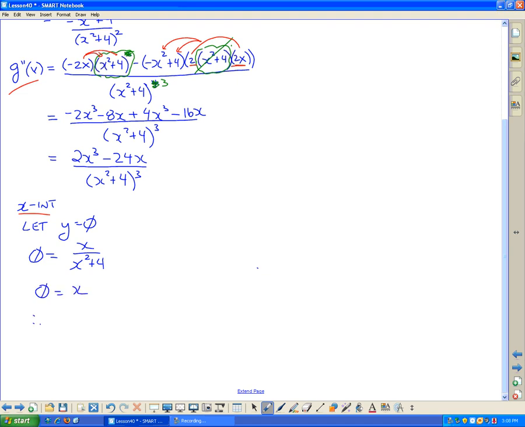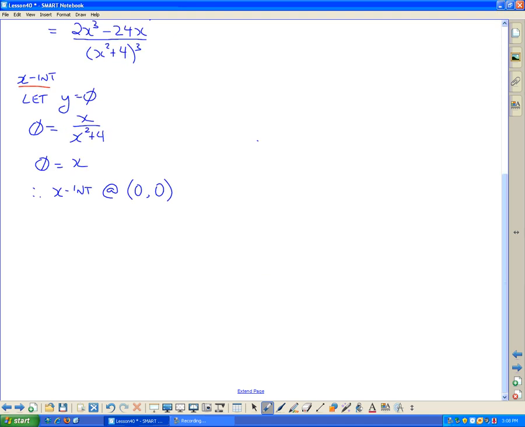So we have an x-intercept at, and we can do a coordinate here, it'll be 0, and when I plug 0 into that equation, it's going to be 0, so it goes to the origin. And then let's do a y-intercept. Let x equal 0, so your y-intercept would be at 0 over 0 plus 4, which is 0, so therefore y-intercept, same location. So it passes through the origin, this function.